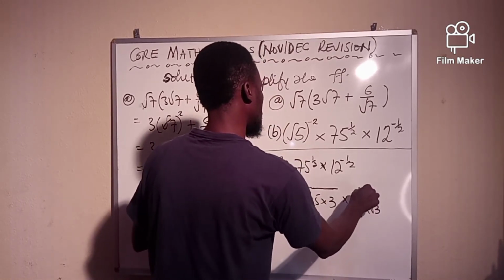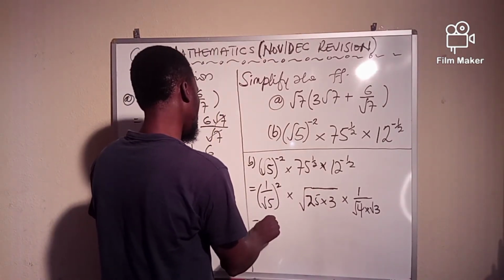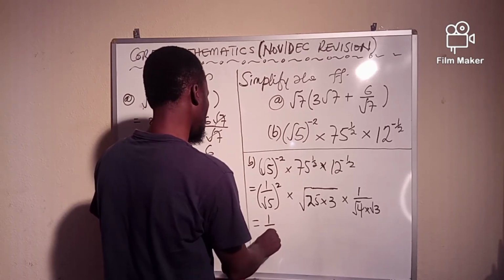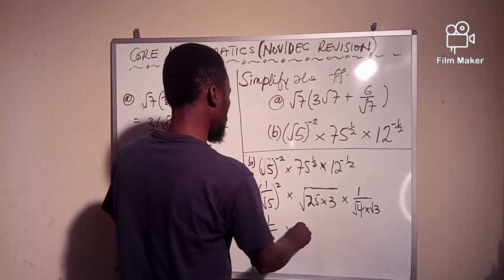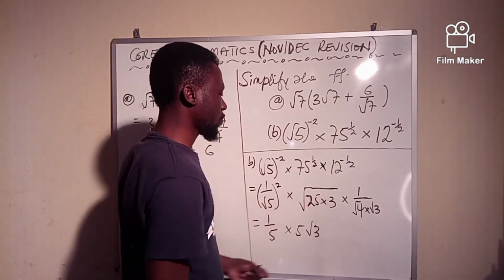So that is it. And then here we shall have 1 out of root 5 times root 5. This is the same as 1 out of 5, times this is the same as 5 root 3. The root of 25 is 5 times the root of 3 is root 3.